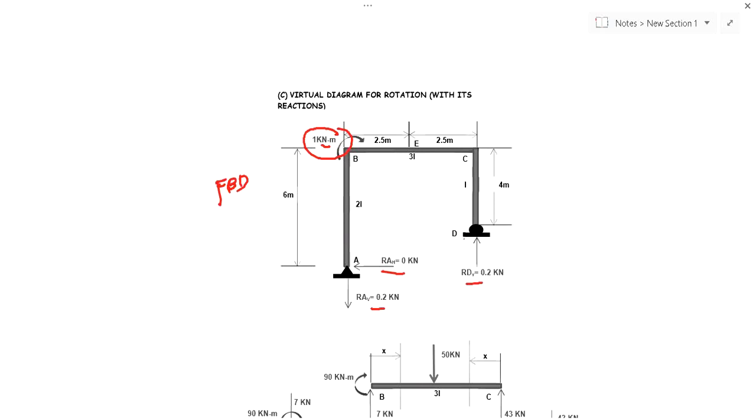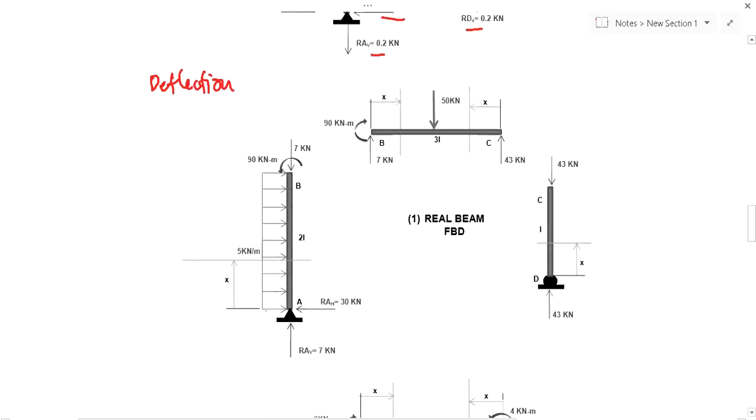So for deflection, unahin natin for deflection. This is now for our deflection. For the deflection, segments of the real beam should be the same for the virtual diagram of the deflection.